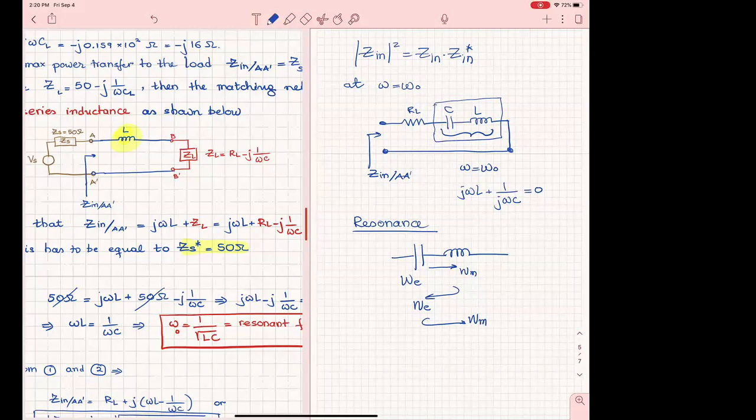So let's assume that I take this circuit at omega naught, and I send to it a continuous wave, which has a frequency of omega naught, so cosine omega naught t.